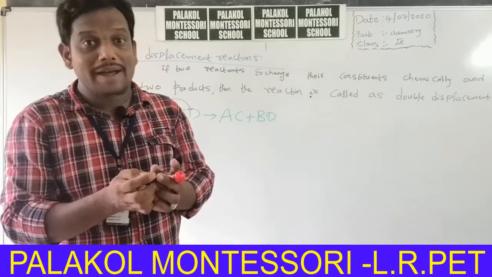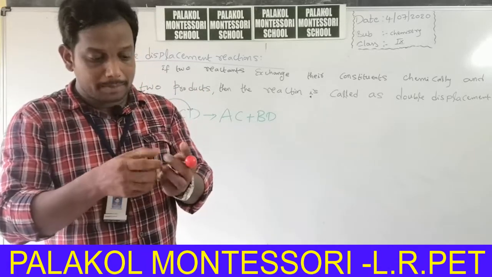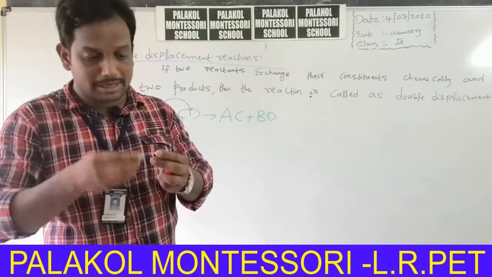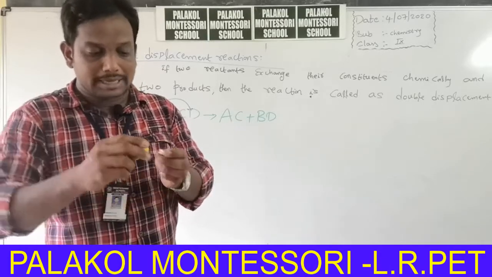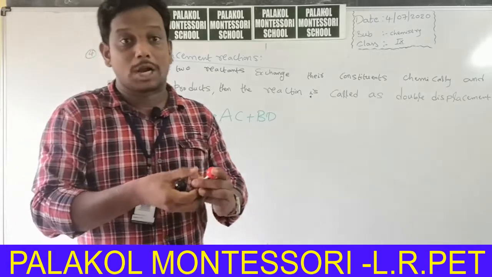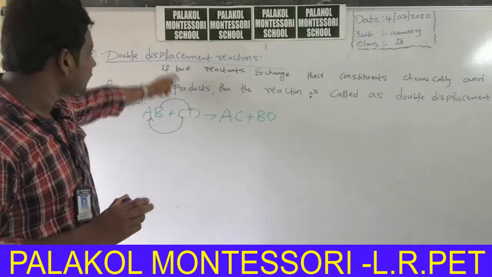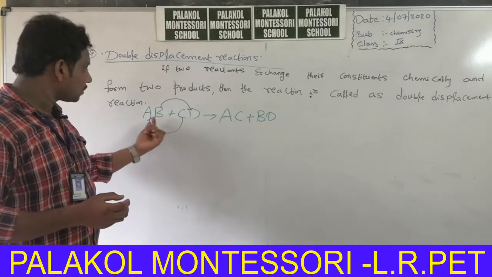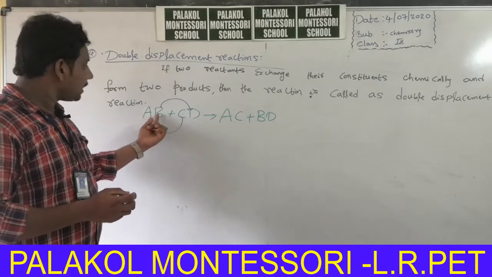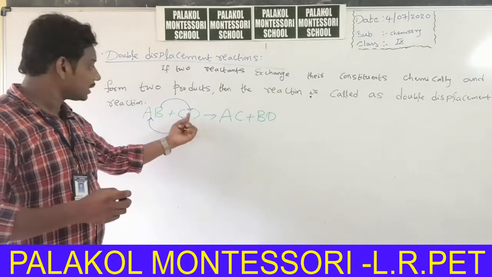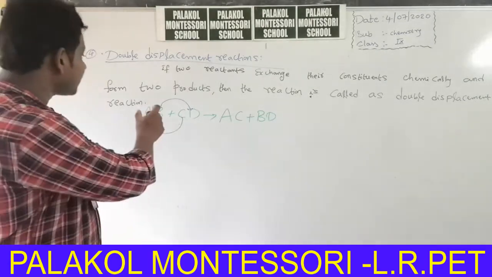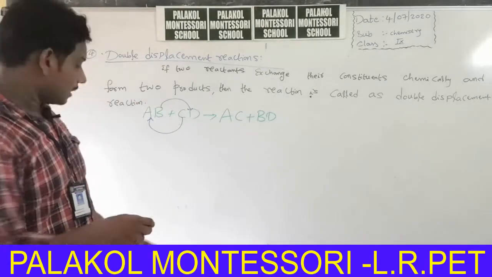The exchange of atoms takes place between the molecules. Here two atoms are exchanged, that's why we call it double displacement. A, C exchanged, B exchanged to D. That's why we call it double displacement reaction.